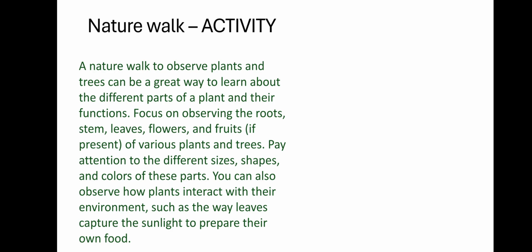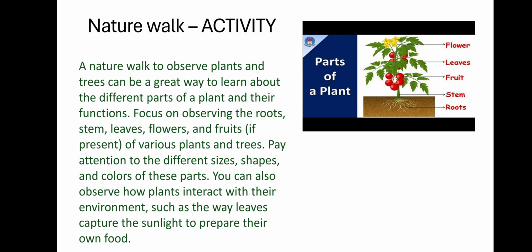Pay attention to the different sizes, shapes, and colors of these parts. You can also observe how plants interact with their environment, such as the way leaves capture the sunlight to prepare their own food. Now you can see this picture where the parts of plants are shown: leaves, fruit, stem, roots, and also flowers are shown.